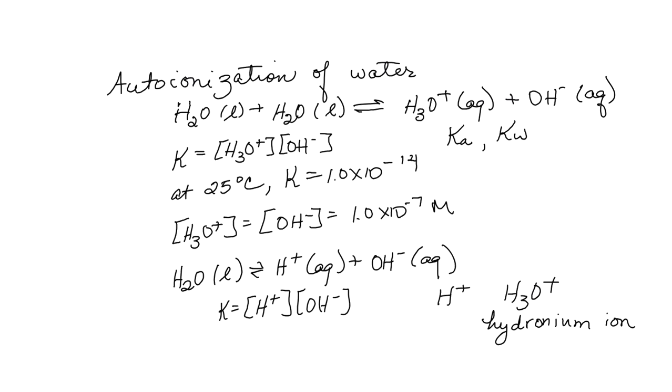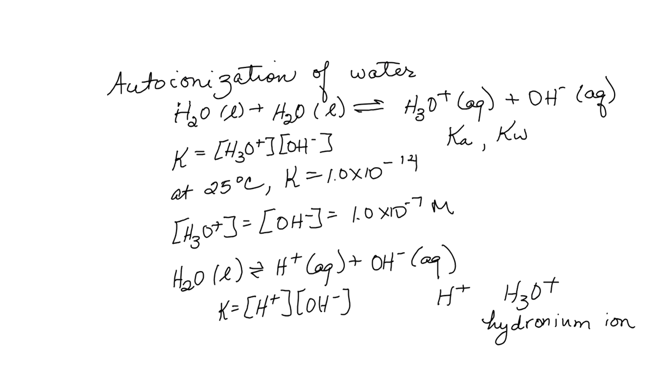Typically, what I've drawn down here below is the autoionization of water, where we just dissociated here. For that, we can use interchangeably the H plus with a hydronium ion.